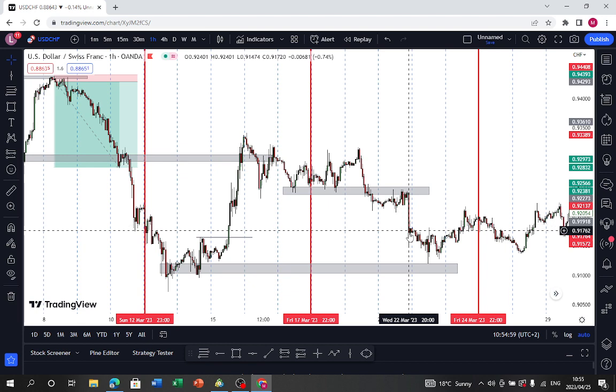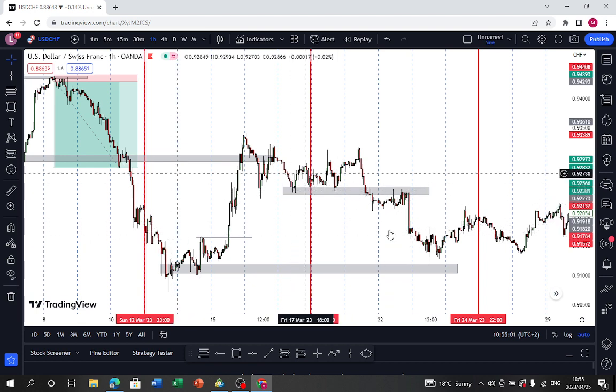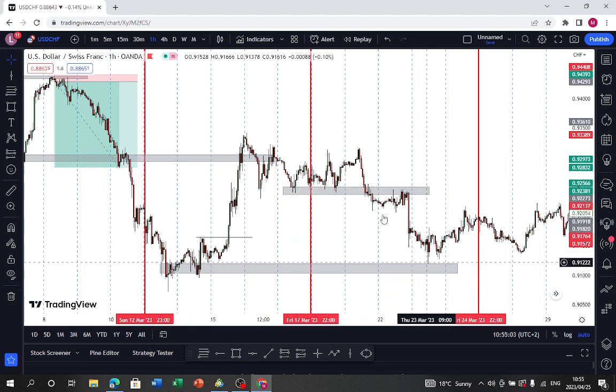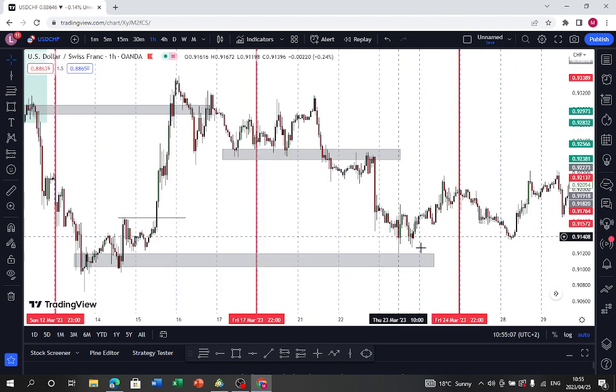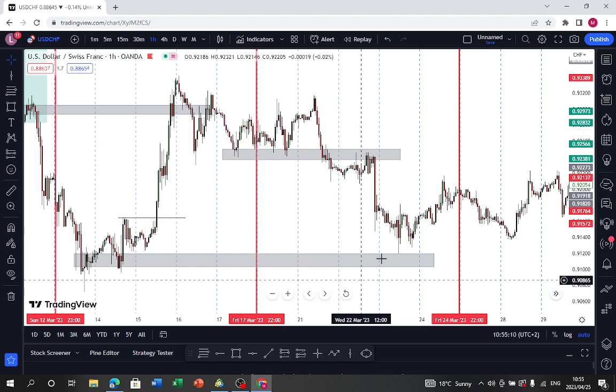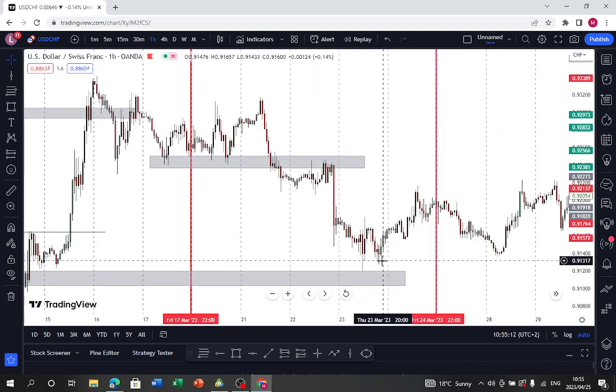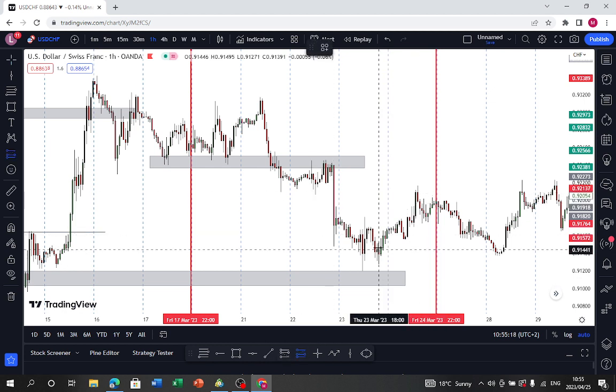Let's just simply talk about if the market was bullish, we are waiting for a bullish market, right? So on Wednesday there was nothing, but on Thursday the market did a double bottom. After this engulfing candle, remember we have specific days that we look for this, and it's Wednesday and Thursday.